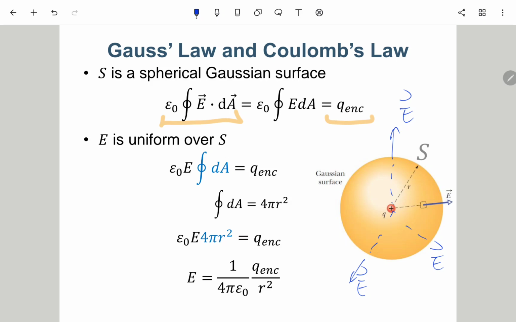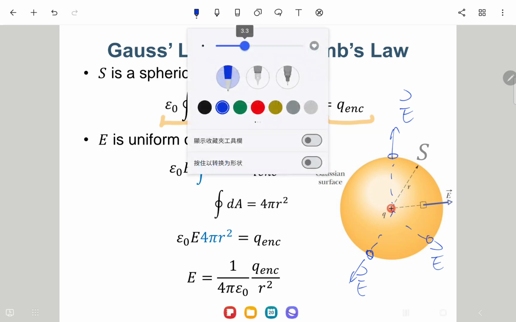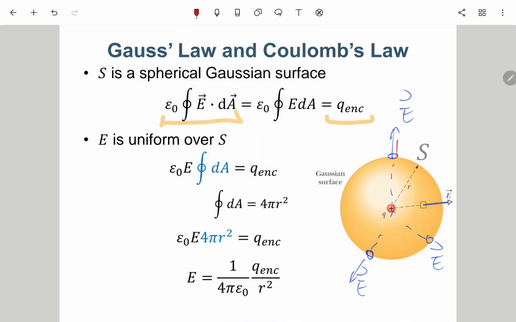And for every small element, we also can define dA. Also perpendicular to that element and then pointing outside. So we have a dA, something like that.